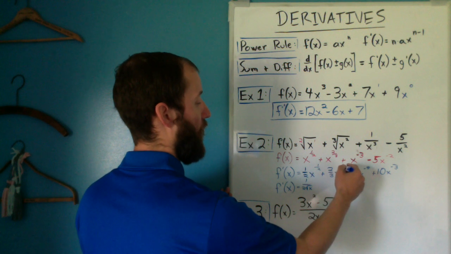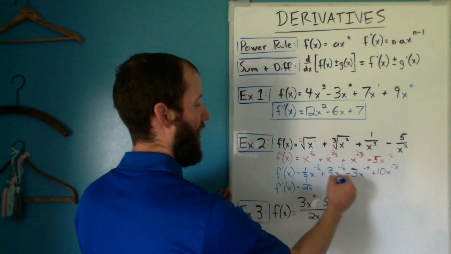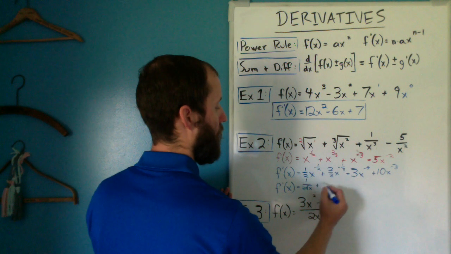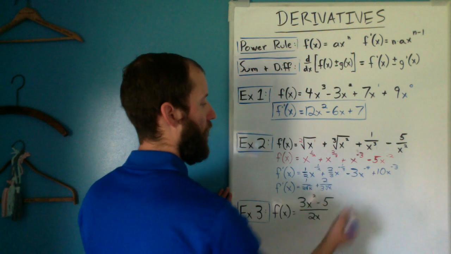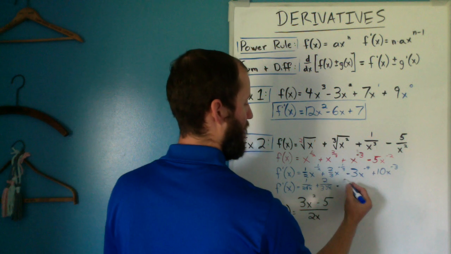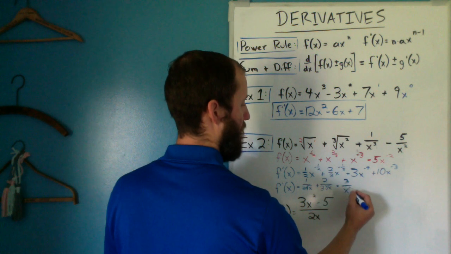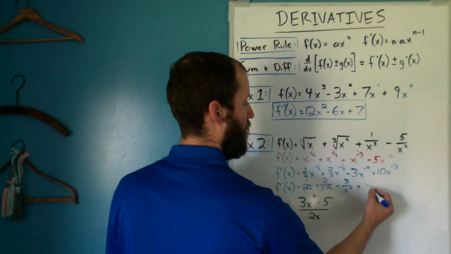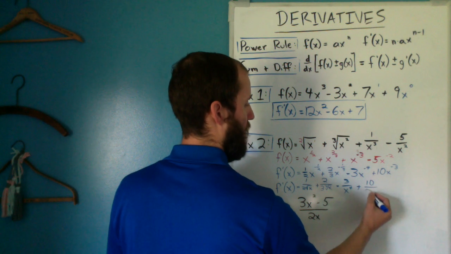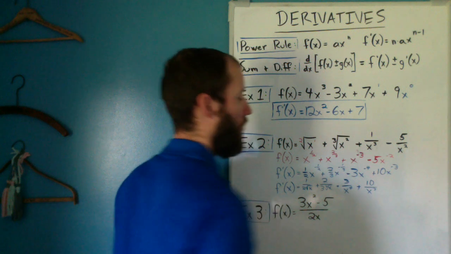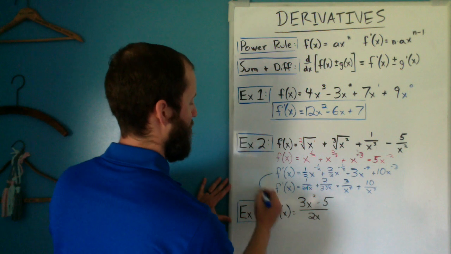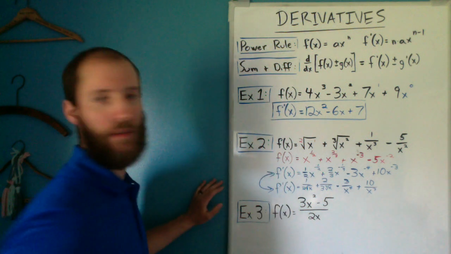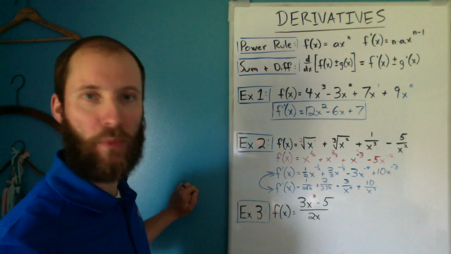We could take this x to the negative 1/3, bring it down into the denominator, and then turn it back into a radical as a cube root. This x to the negative 4, we could take back down to the denominator, make it positive. And the x to the negative 3, we can put that in the denominator and make that positive as well. So either of these can be acceptable. All right, either one.